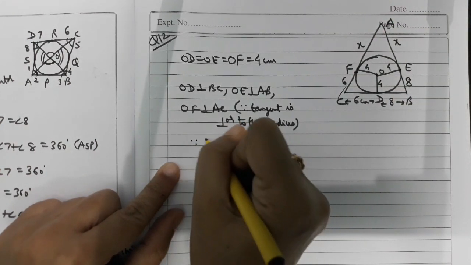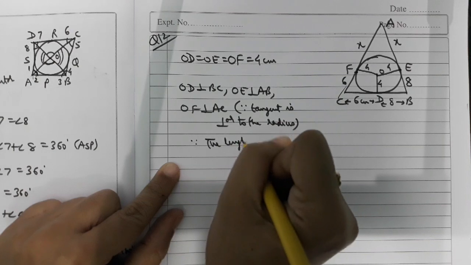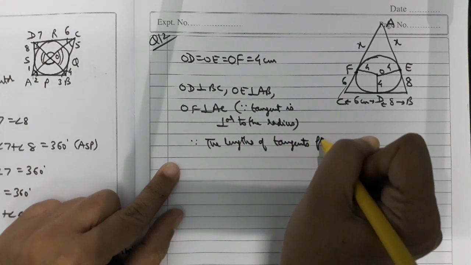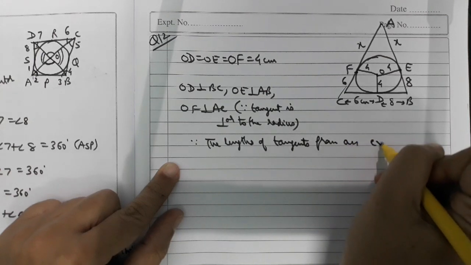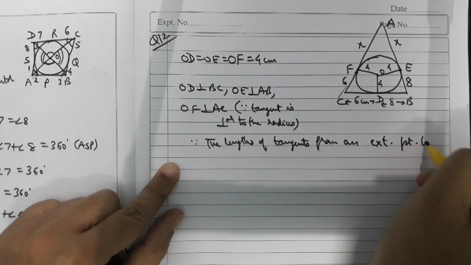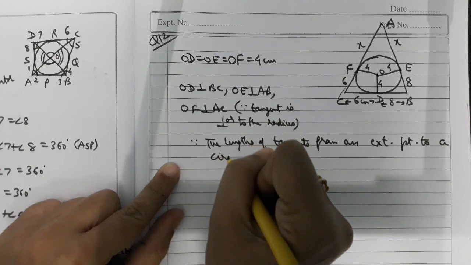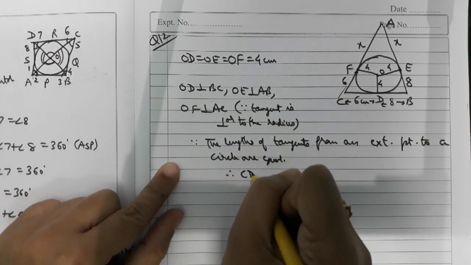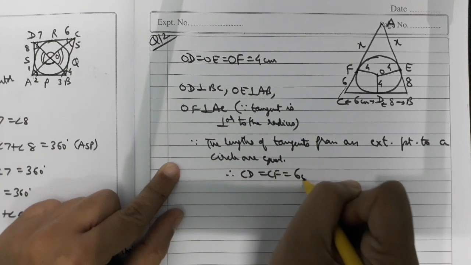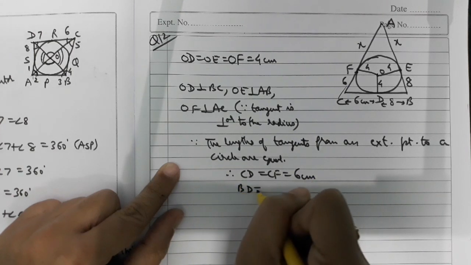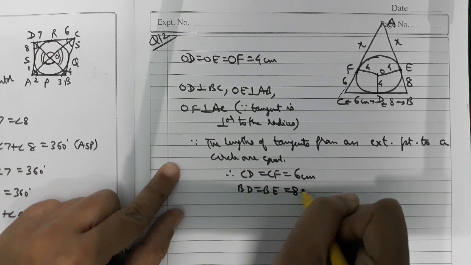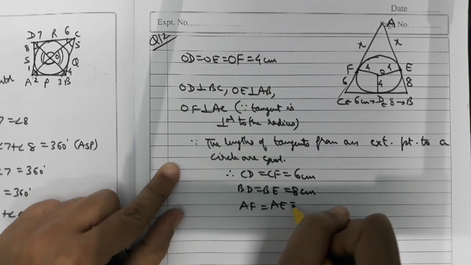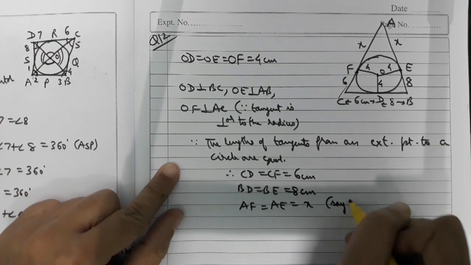So we write down, since the lengths of tangents from an external point to a circle are equal, therefore CD is equal to CF is 6 centimeters, BD is equal to BE is 8 centimeters, AF is equal to AE is equal to X. This we have assumed.